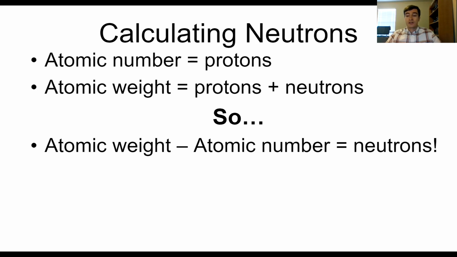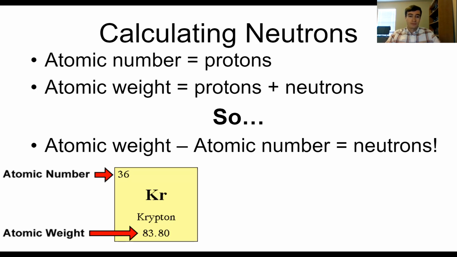So let's look back at Krypton as an example. So we have Krypton right here. And I mentioned earlier that you'll notice a lot of times the atomic weights on a full-size scientific periodic table are listed as a decimal. In this class, whenever you see an atomic weight, I want you to round that to the closest whole number, the closest non-decimal number.